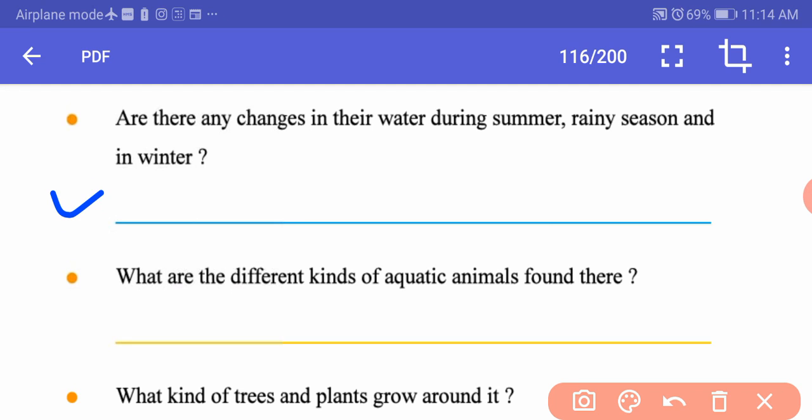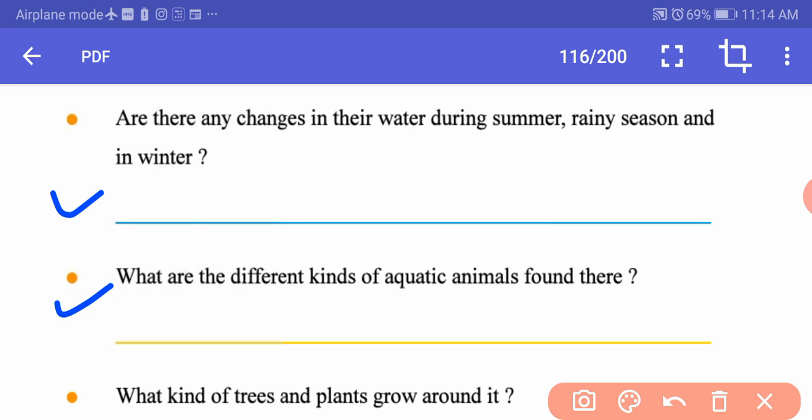Yes, in summer the water level decreases. Decreases means becomes less. In rainy season, water is at its maximum level. Okay, that means the level of water has grown. And during the winter season, the water is neither too much nor too less. It is stable.